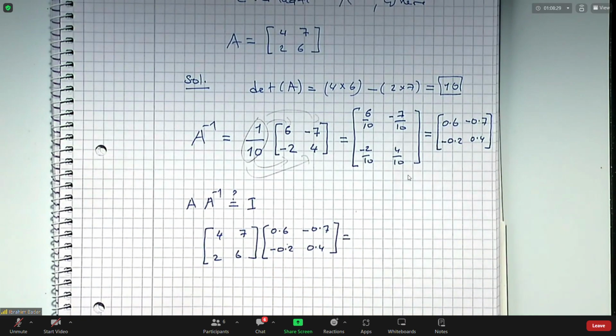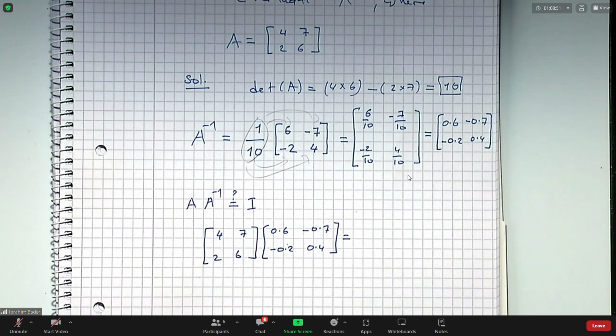Okay, first of all, we are expecting here 2 by 2. If you have square matrices with the same dimension and multiply them with each other, you end up having the same dimension. So here we are expecting a 2 by 2 matrix. I hope it's clear for everyone.